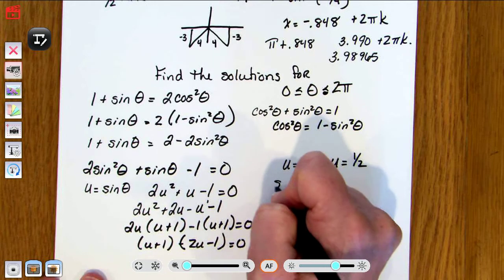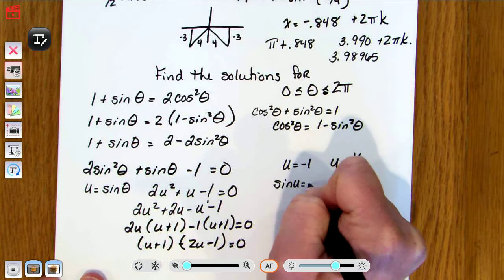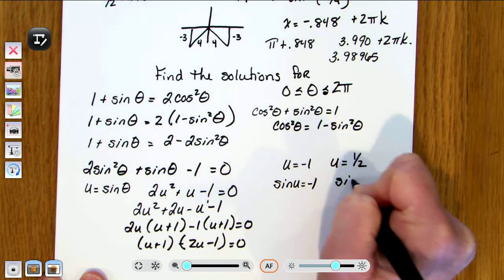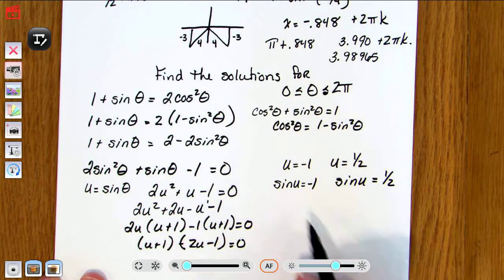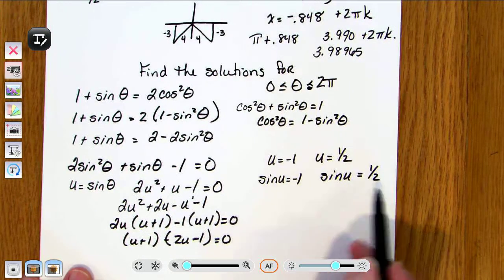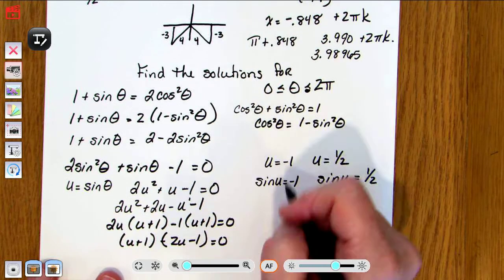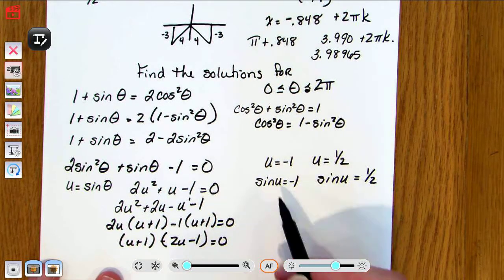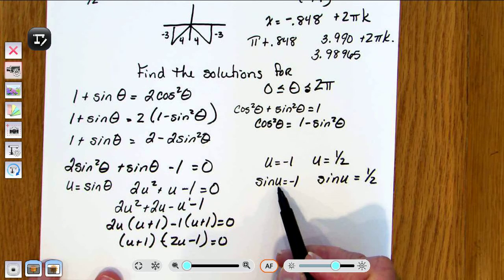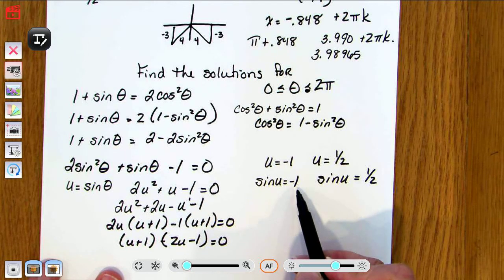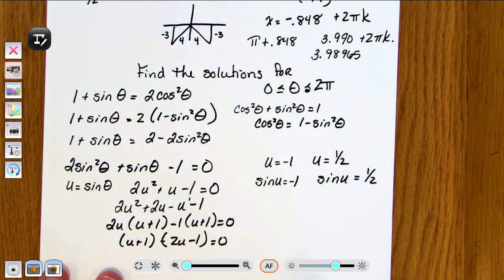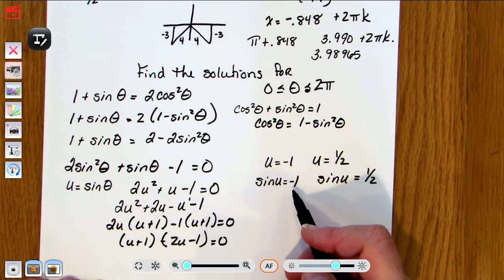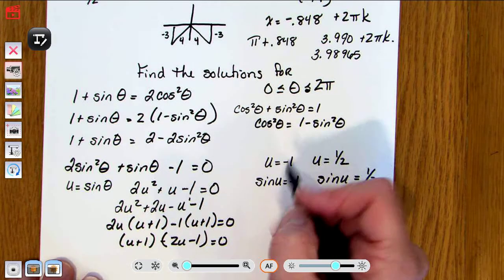So we have that the sine of u is equal to negative 1, or the sine of u is equal to 1/2. And some of you know these already because you've been working with them over and over and over again. That is fine. The sine of u being a negative 1 means that our hypotenuse and the opposite side are the same.